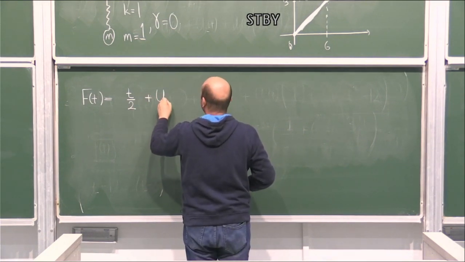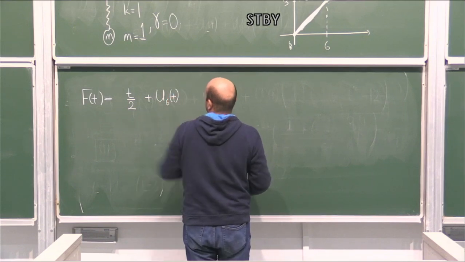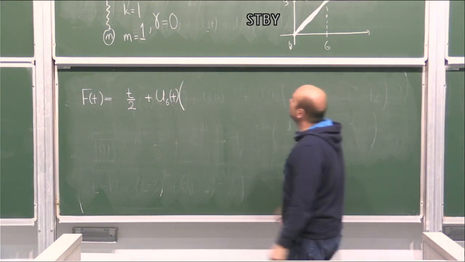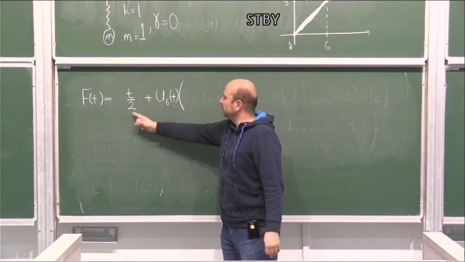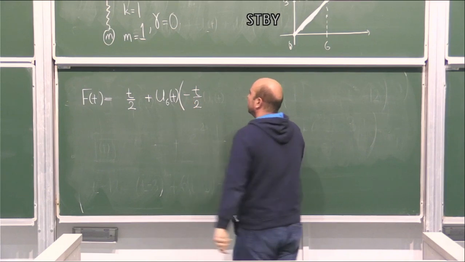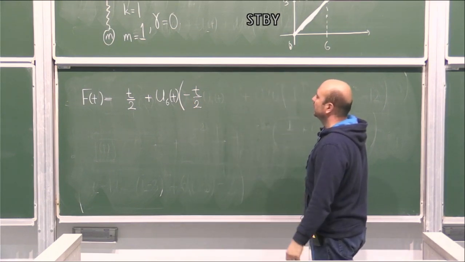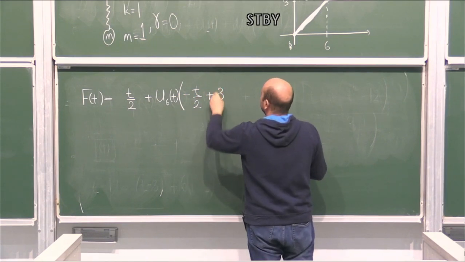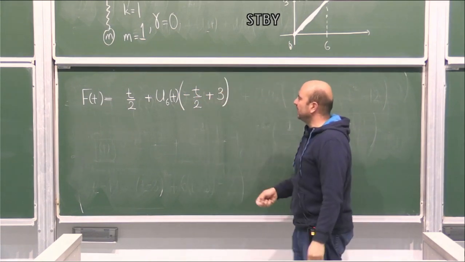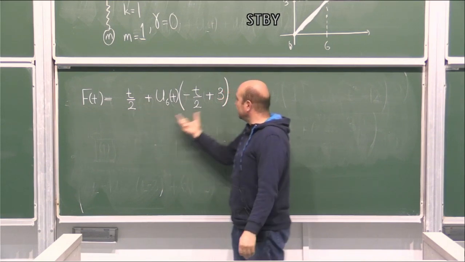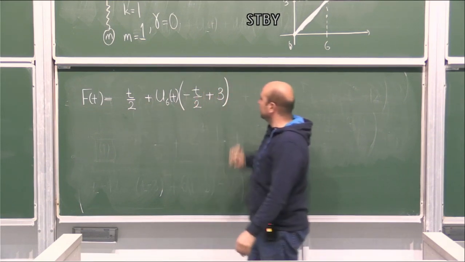So at 6, I have to change it to make it 3. It was t over 2, so I should kill this t over 2 first by adding minus t over 2. Now it became 0, but I have to make it 3, so I should add 3. Then, if you leave it like this, before 6 it is t over 2, but after 6, it's the sum of these two, which is just 3.